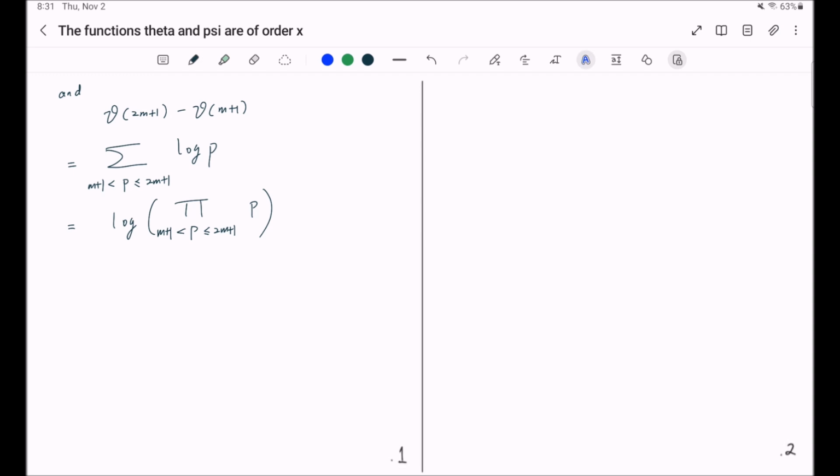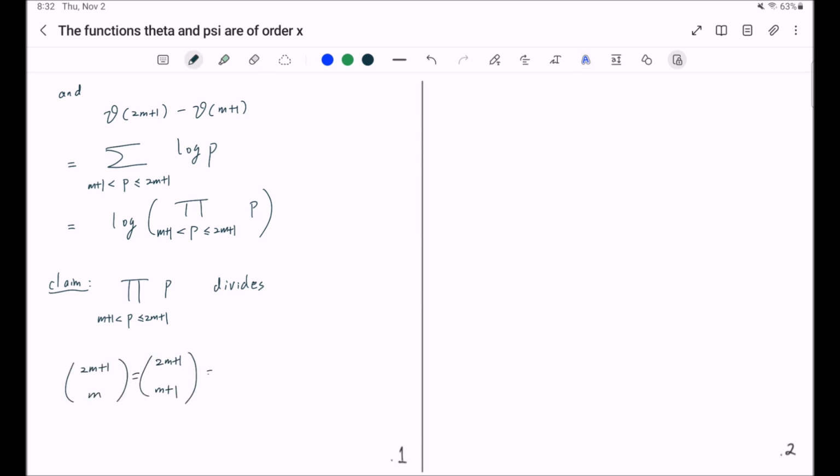And now the rest of the proof involves a little combinatorics. Combinatorics is tricky but elementary. Now we make the following claim. We claim that this product divides the combinatorial coefficient 2m plus 1 choose m, which is also 2m plus 1 choose m plus 1.